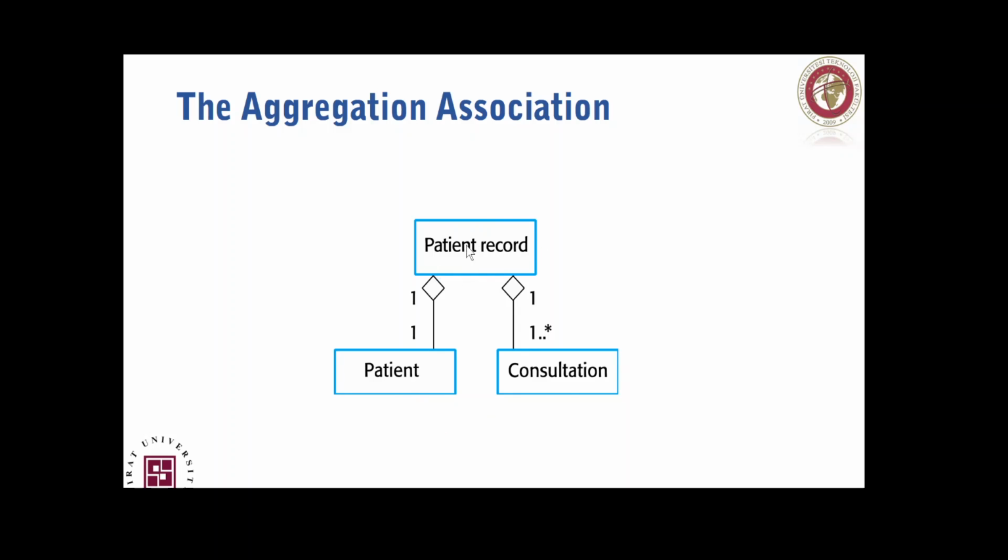Maybe other classes are available in patient record. So this is the idea. We have this diamond stuck to the class, the square, and then ended by just a straight line to the class which is part of the bigger picture, the bigger class.